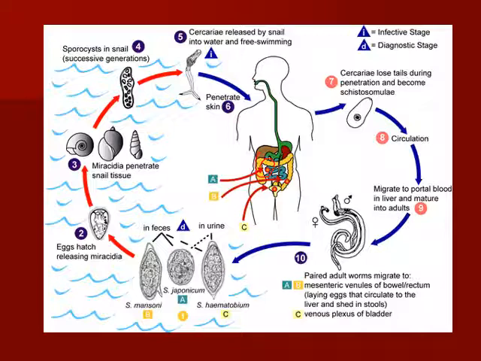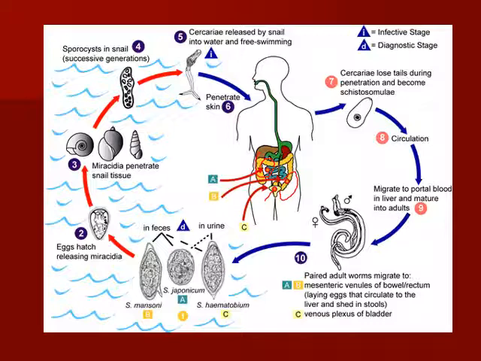Schistosoma mansoni, B, affects the lower part of the large intestine, which is the descending and rectosigmoid colon, while Schistosoma haematobium affects the urinary bladder.